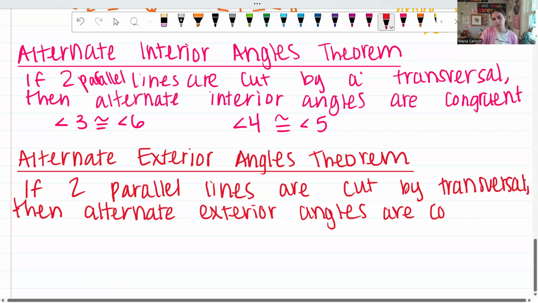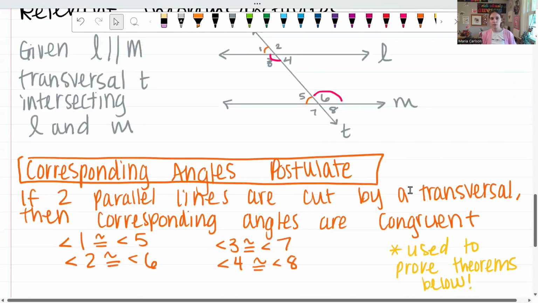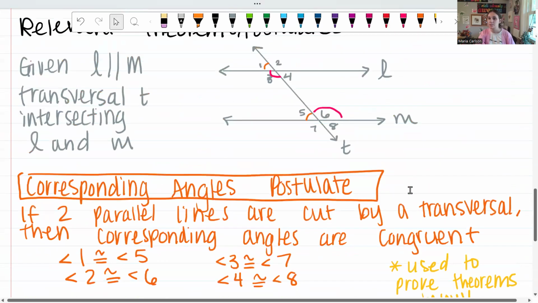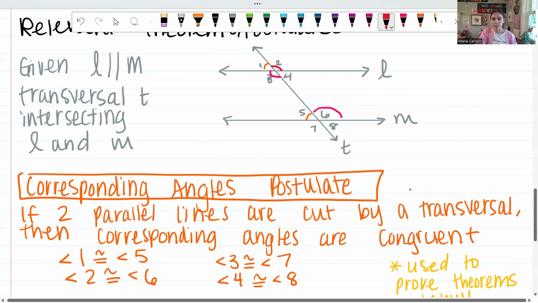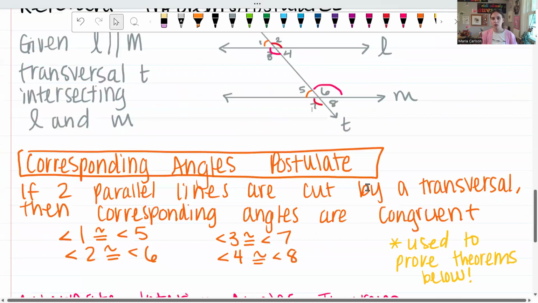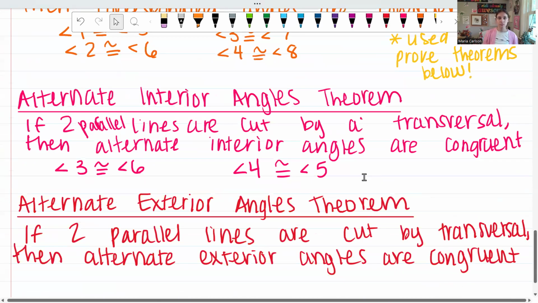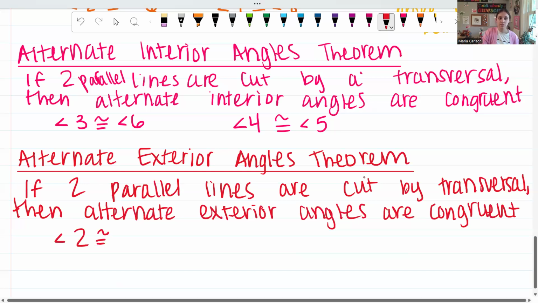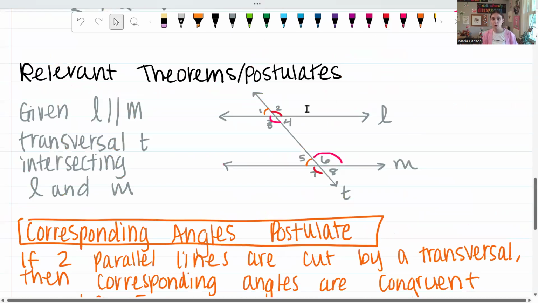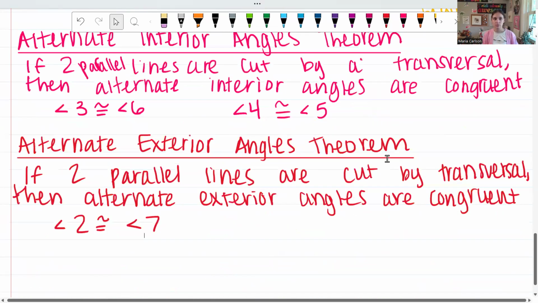So what are the alternate exterior angles again? Those are the angles that are outside of our two parallel lines and on alternate or opposite sides of the transversal. So angle 2 and angle 7 here are alternate exterior angles. So angle 2 then is congruent to angle 7. Also, the other pair would be angle 1 and angle 8.